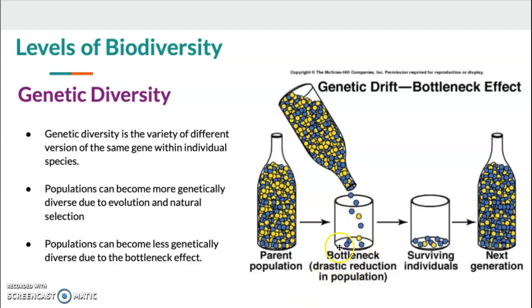And our surviving individuals were a majority of the blue gene with just a couple of yellow genes. So our next generation is going to be predominantly blue and have a couple of the yellow genes interspersed. So we've seen quite a change from our parent population to the next generation, just due to the genes that were able to be passed along.